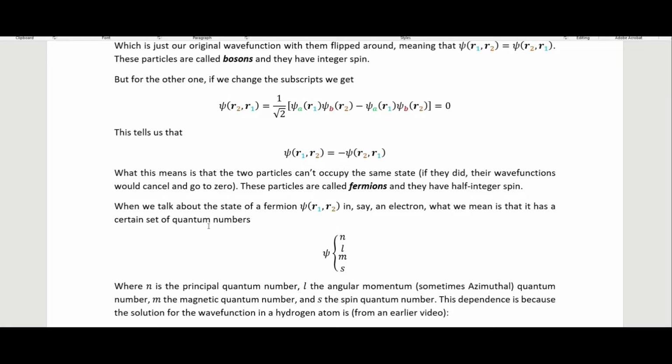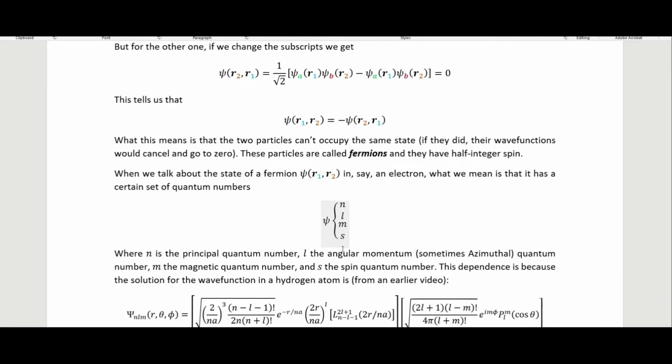Then what we're talking about are actually the quantum numbers, which are n, l, m, and s. So the principal quantum number, the angular momentum quantum number, sometimes called the azimuthal quantum number, m is the magnetic quantum number, and then s is spin.